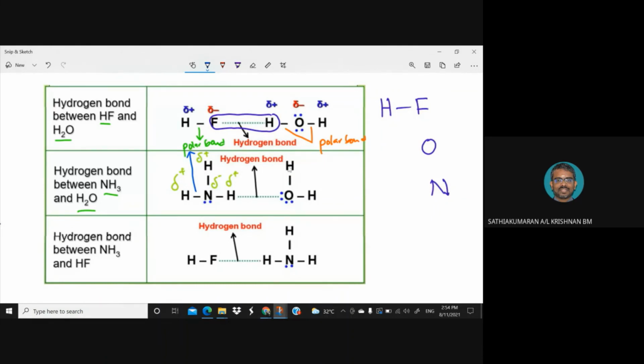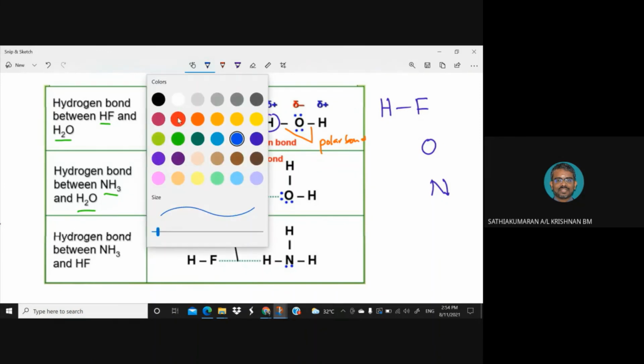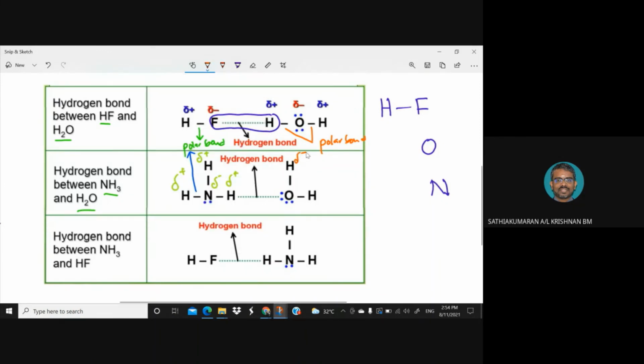Now water: delta positive, delta positive, delta negative, and this bond is a polar bond. All the requirements are there. So between H and O, this one we call a hydrogen bond.